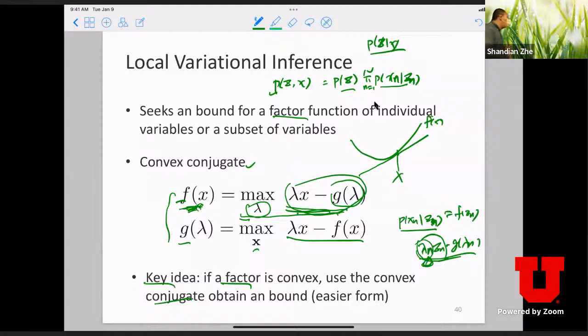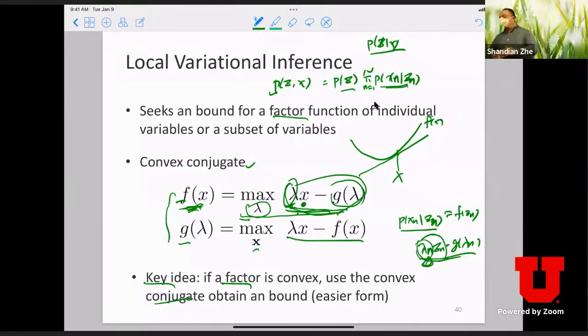But I have to tell you, in practice, although in theory you can replace any factor, if this factor is convex, by its convex conjugate, and you associate each input with an additional parameter lambda, which is often called a variational parameter because you introduce an additional parameter, and although in theory you can maximize this convex conjugate, namely the lower bound, to ensure that the optimal choice of lambda will make your lower bound exactly the same as the original factor, in practice, for convenience and computational efficiency, you have to put some constraint on lambda.